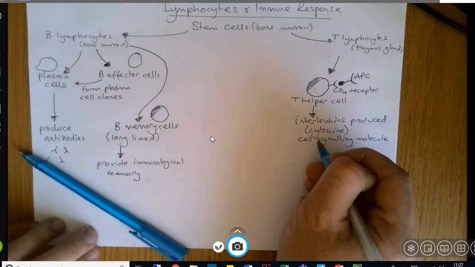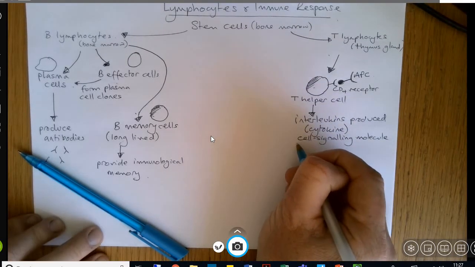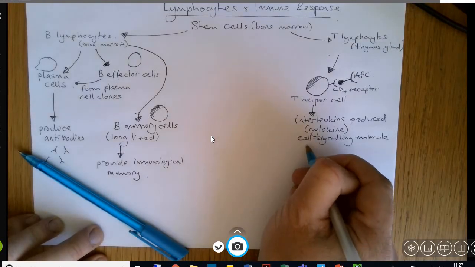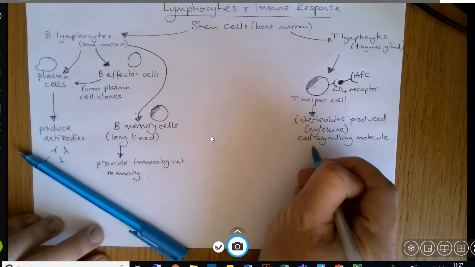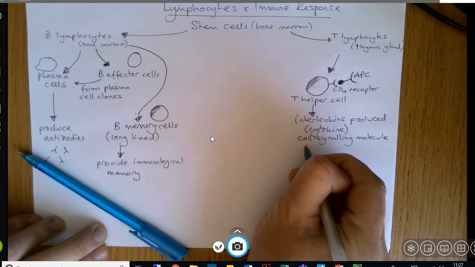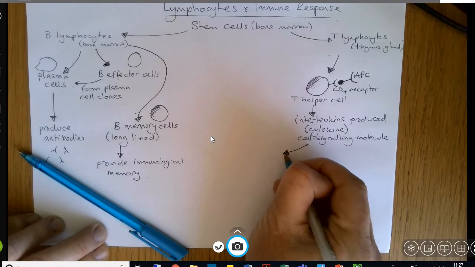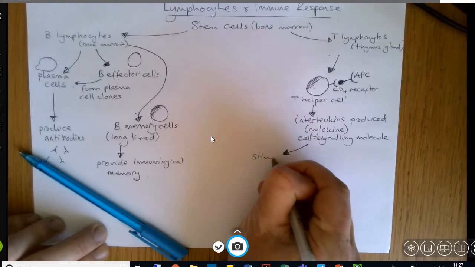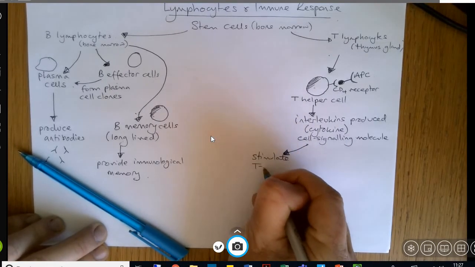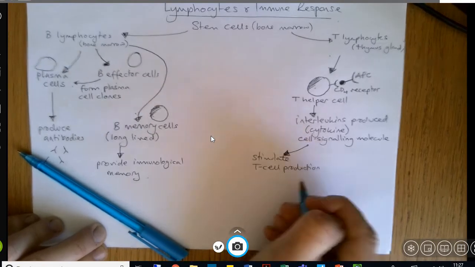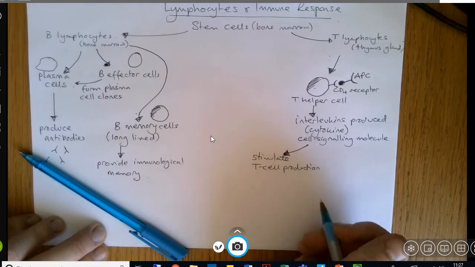Okay, and what these cytokines then do is they carry out a number of processes. They stimulate all sorts of things that happen. So on the one hand, they stimulate further T cell production, and we'll come into that in a second, because there are lots of different T cells that are produced from this.